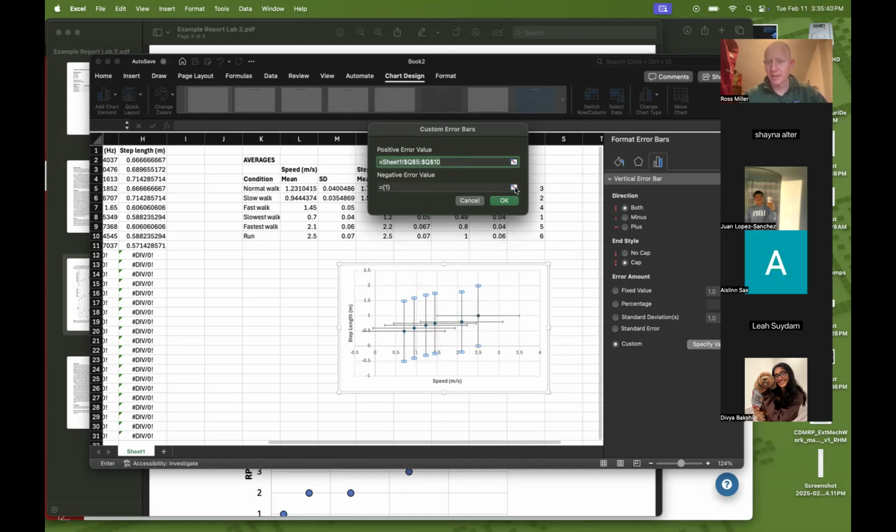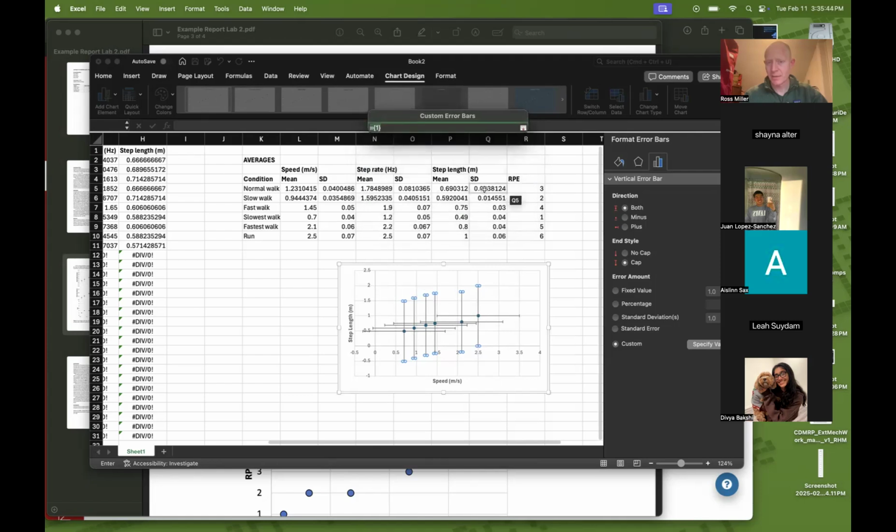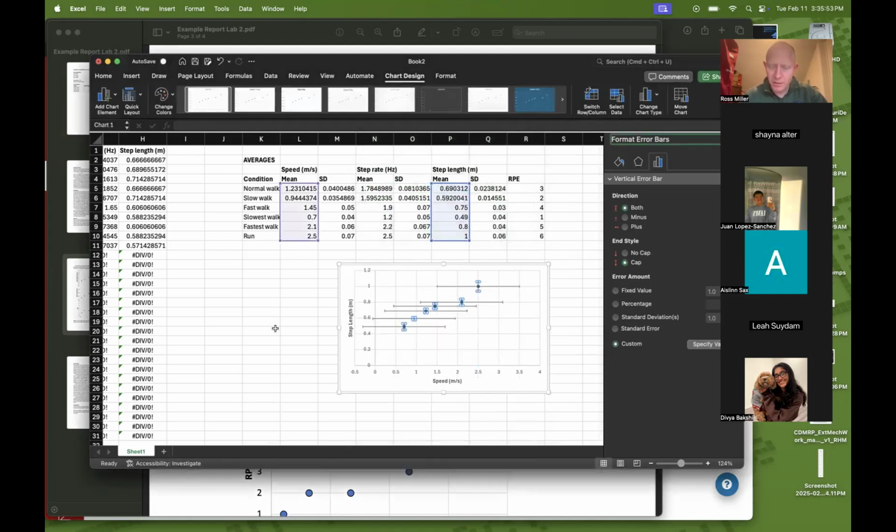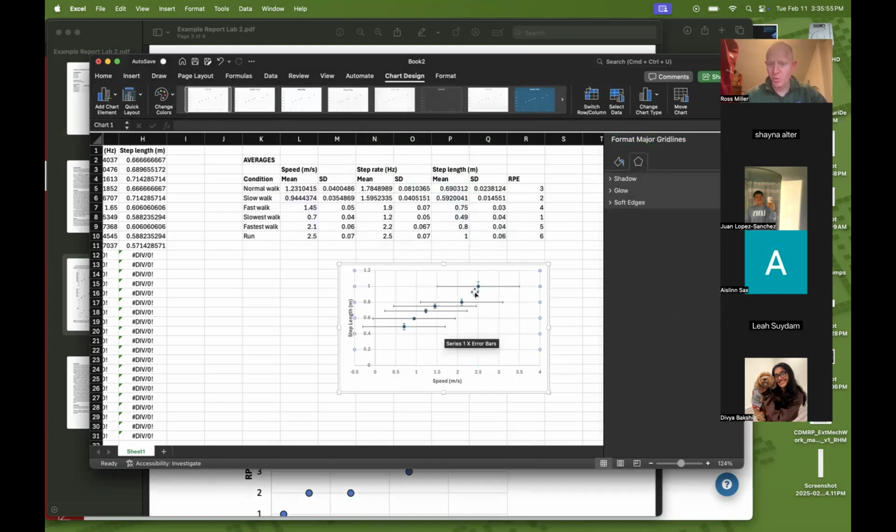Okay. Then likewise for my negative error bar, I click that. And I'm going to select those same 6 standard deviations and push return. And then if I click OK, then that should populate my chart here with those vertical error bars that are actually the values of those standard deviations that I calculated.